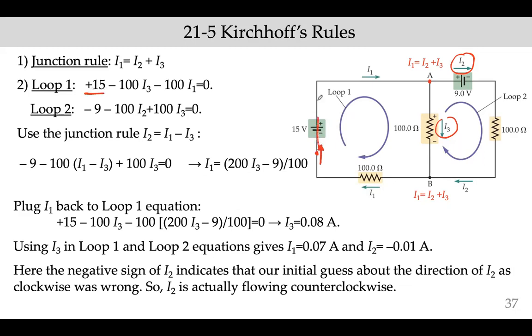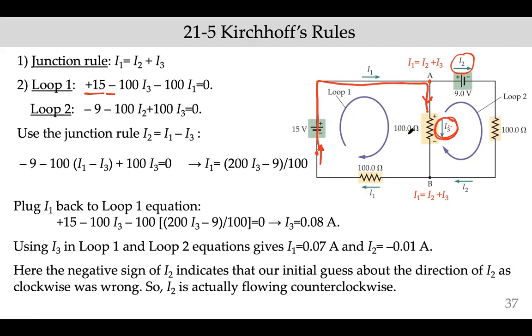And then I continue, there's nothing here, just the wire. And I now come here, so there's a resistor. Now look at the direction of the current that I chose, down direction. And the loop direction is down. So when the current and the loop direction are the same, then it contributes with a negative sign as per Kirchhoff's rule.